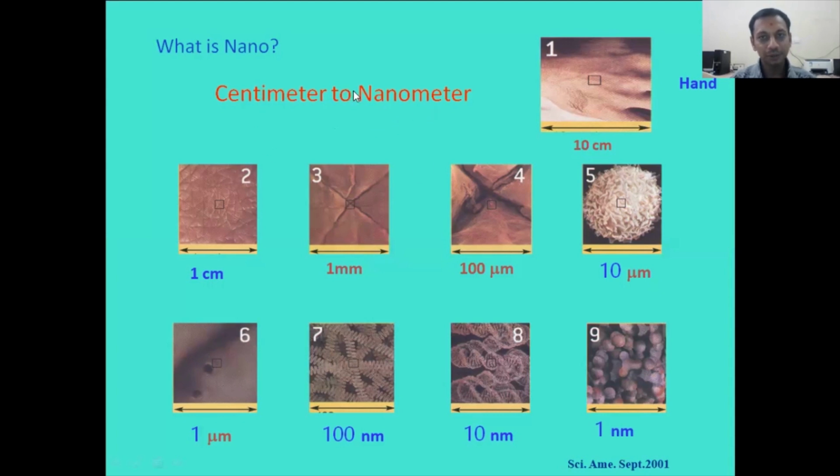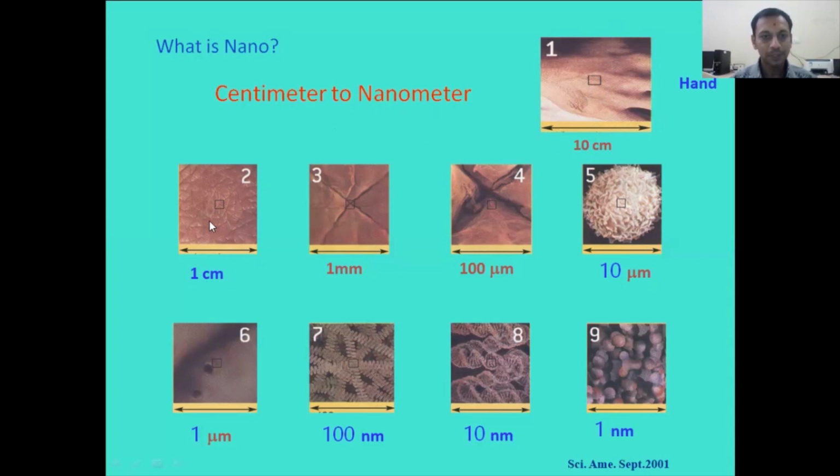So what is nano? I put a reference here also. You can highlight the square portion of the human hand, and the length is 10 centimeter. This is the real dimension, and then you can gradually decrease the scale up to 1 centimeter.